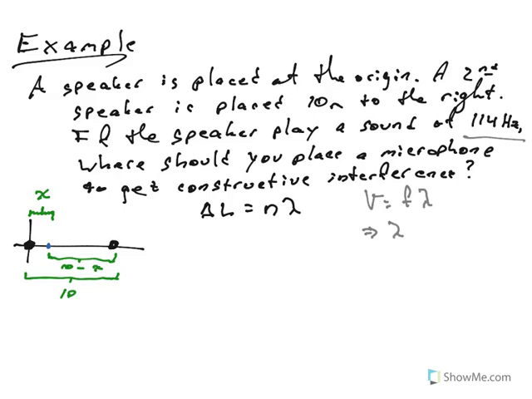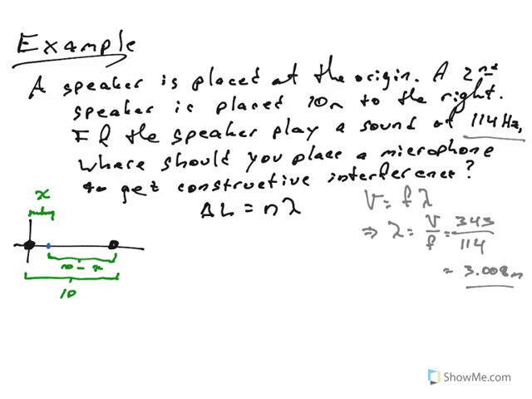So this will tell me the wavelength of this sound is the velocity of the wave over the frequency. And I happen to remember the velocity of sound is 343. That's just something you should remember, and I'll probably give it on a test. But you should remember sound's velocity is 343. The frequency is 114. So we stick this in our calculator, and we get the wavelength is 3.008 meters.